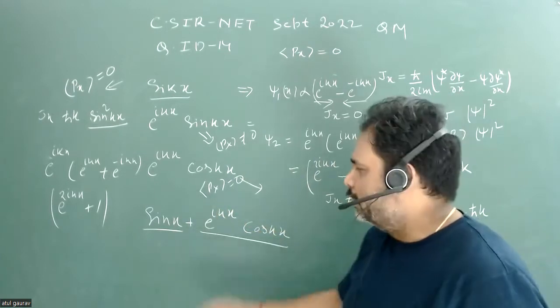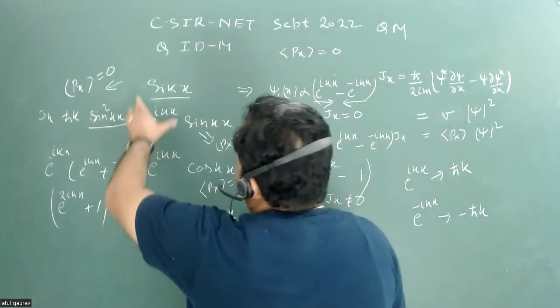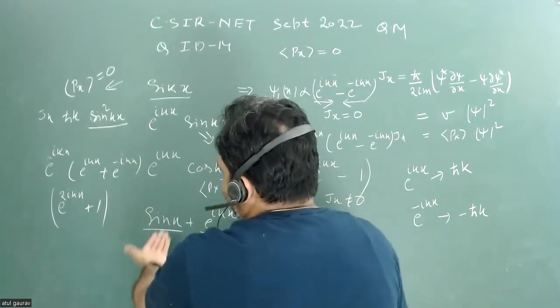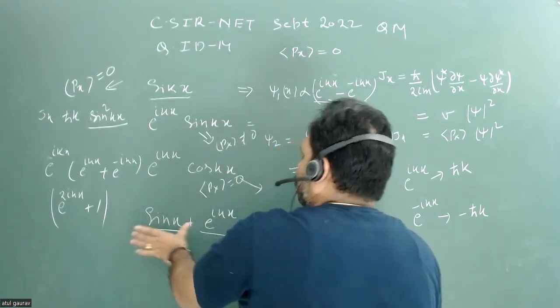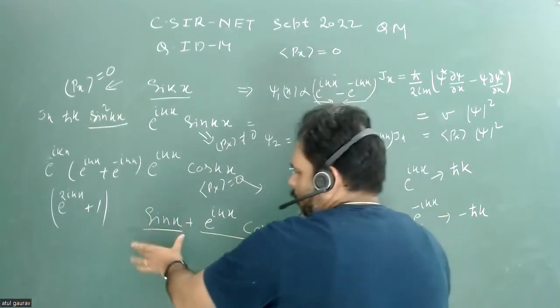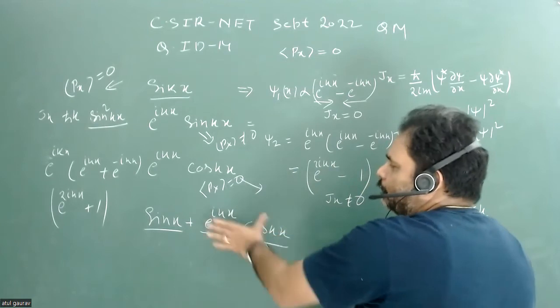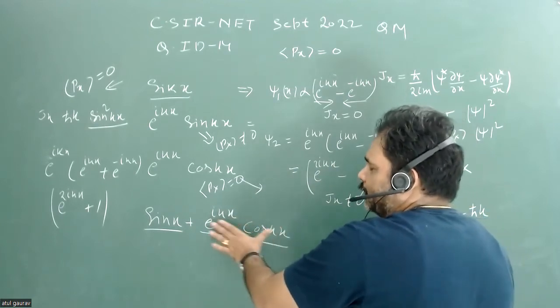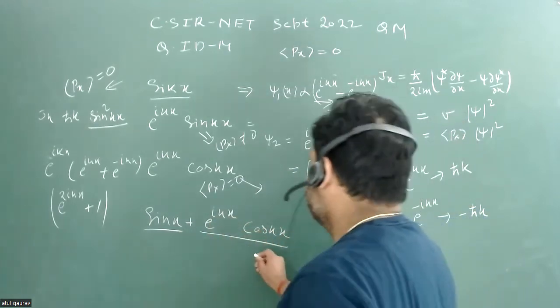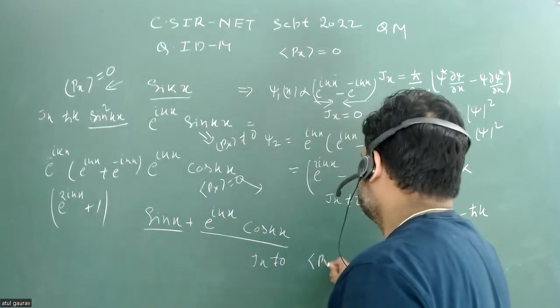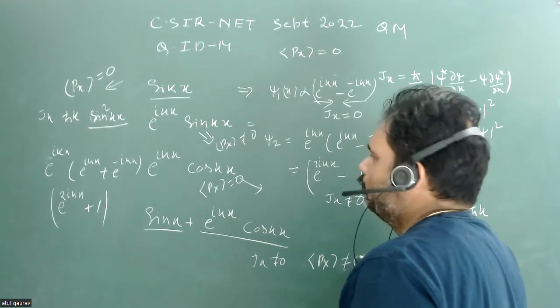For the fourth option, this will be a superposition of this wave function and the third one. This wave function has zero momentum, but it will contribute some probability current density. So in this case also Jx is not equal to zero, and the expectation value of momentum is not equal to zero.